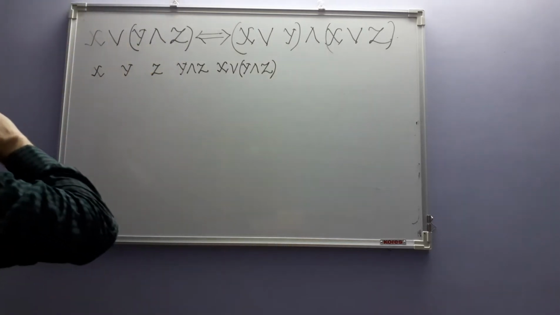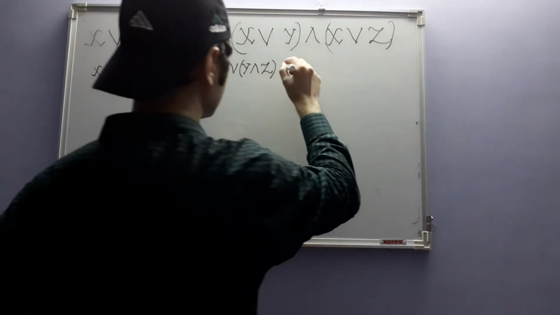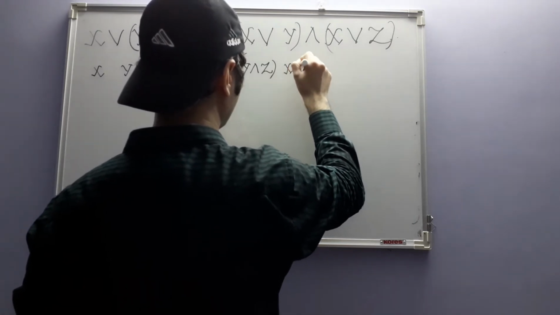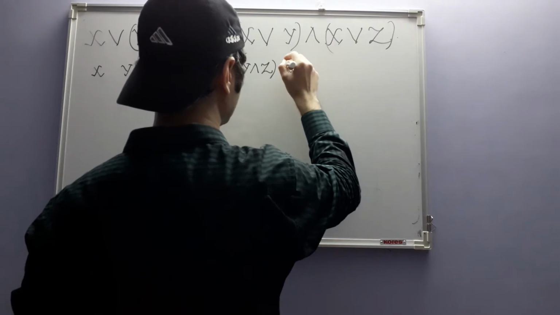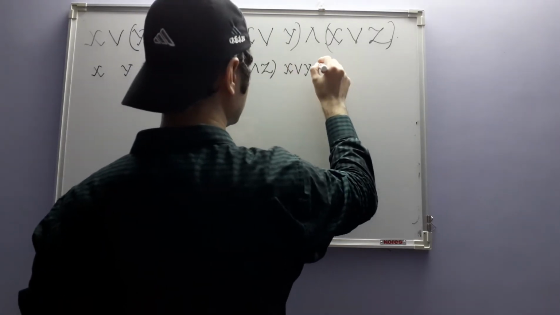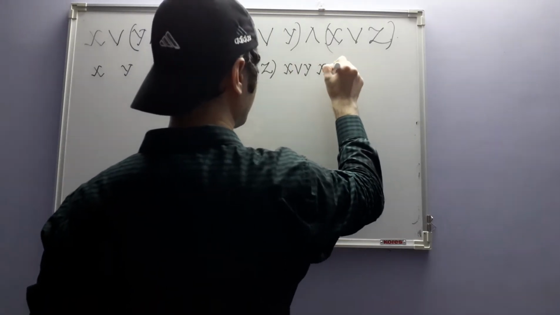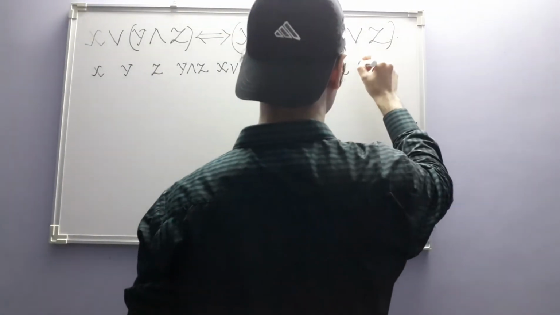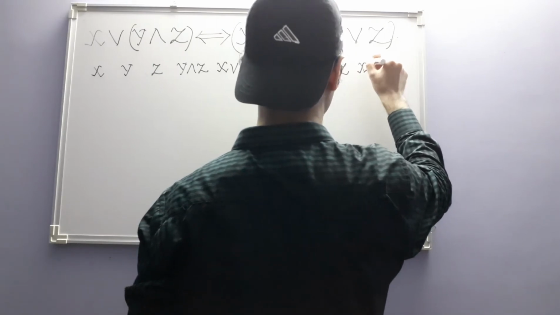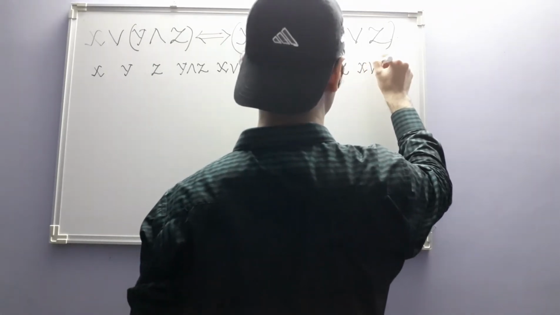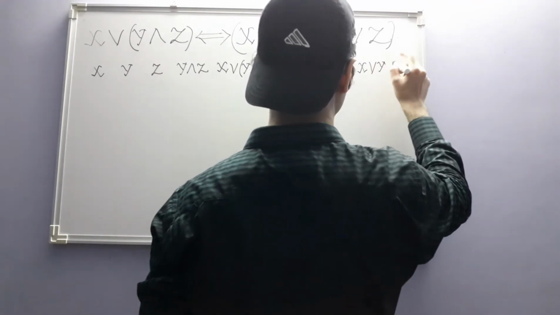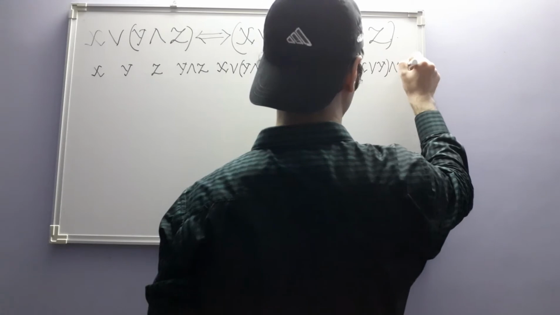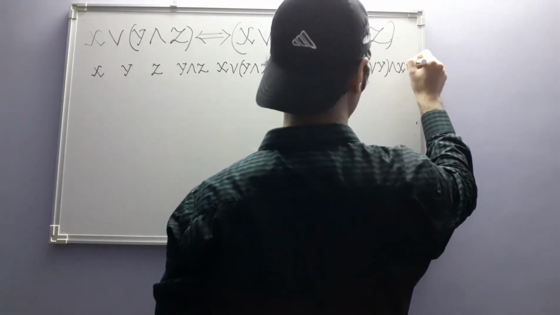Shall I have room for everything? That's the thing. This one, and the last one. One of them I will not be able to write. I don't have that much space. But we can make sense of what's going on. X or Z.